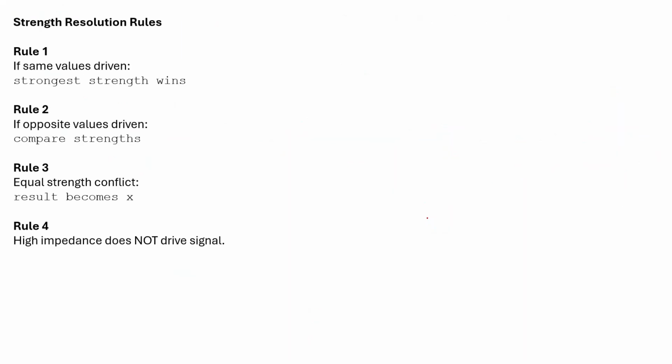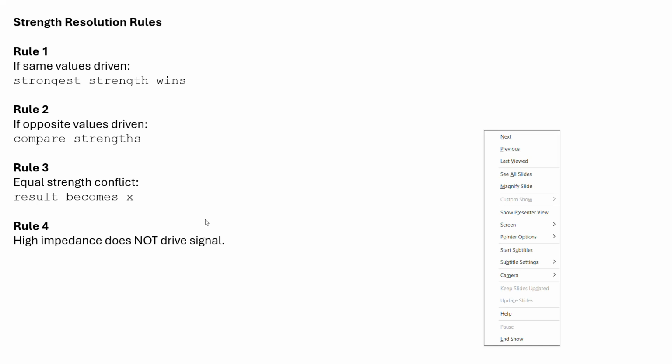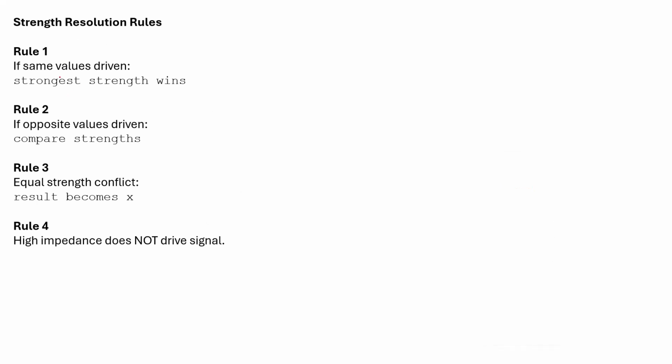So these are the resolution rules. Rule one: the strongest strength wins the drive. If the same value is driven, the strongest strength wins. If opposite values are given, compare the strengths. If one is strong 0 and one is weak 0, compare the strengths, and based on that it wins the race.